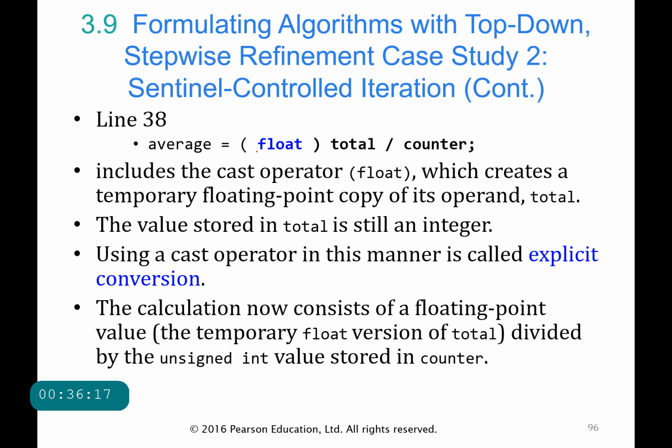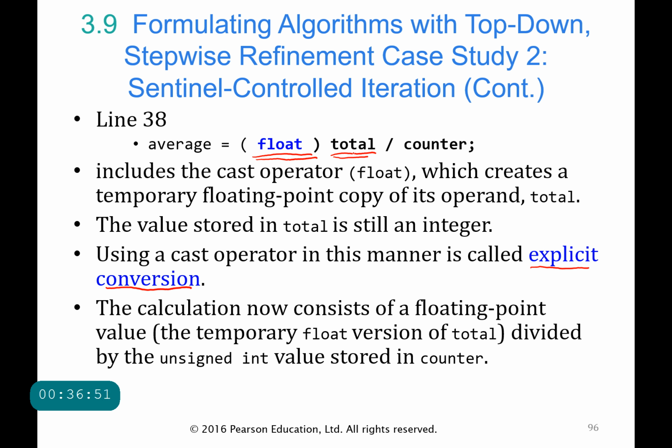You can do this by adding this statement before the place where you actually use the integer variable in your calculation. This type of conversion is called an explicit conversion. You're explicitly converting this variable, which originally is an integer, into a floating point number for this particular calculation.